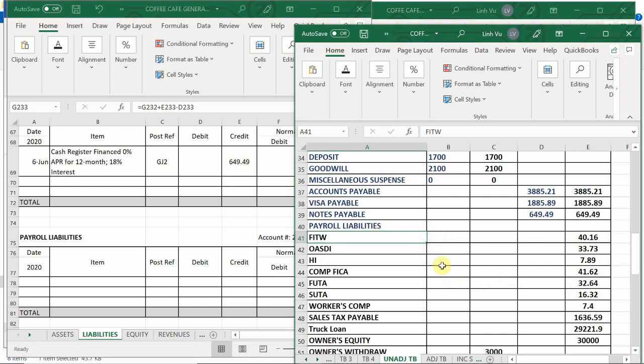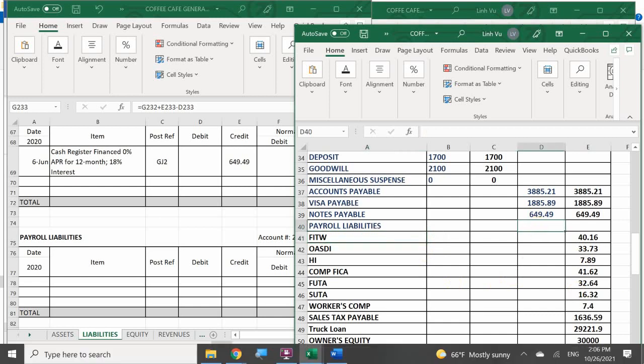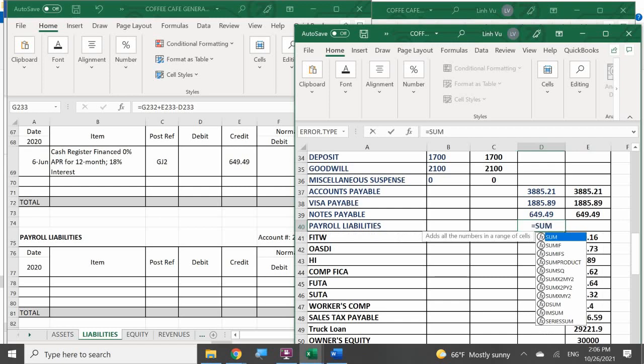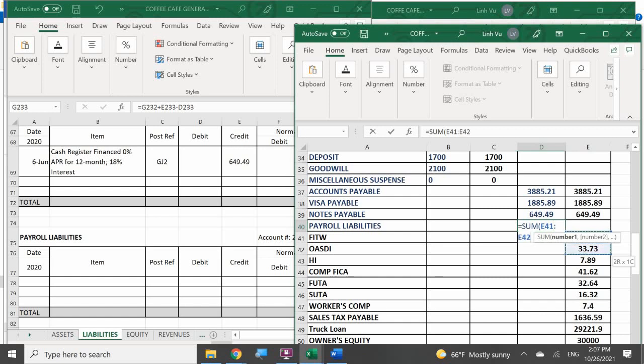We need to include salaries and, okay, we'll hold on to that. So in this case we need FITW. We need OASDI, so Social Security, we need Medicare, we need company FICA, FUTA, SUTA, and workers' compensation.